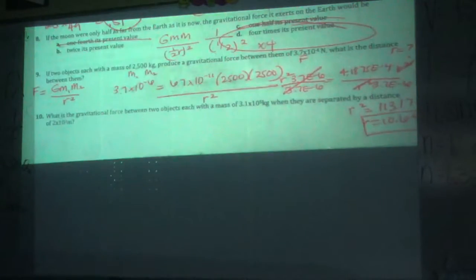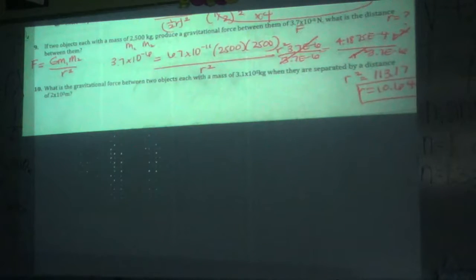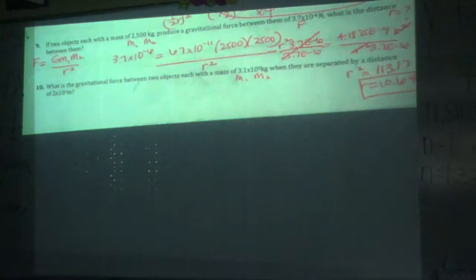Okay. The gravitational force between two objects, each with a mass, so again, this is M1 and M2, because they both have that mass, when they are separated by this distance. This one is straight plug-and-chug, G M1 M2 over R squared, 6.7 E negative 11, mass of 3.1 E5, and another, the same mass, divided by 2 E3.